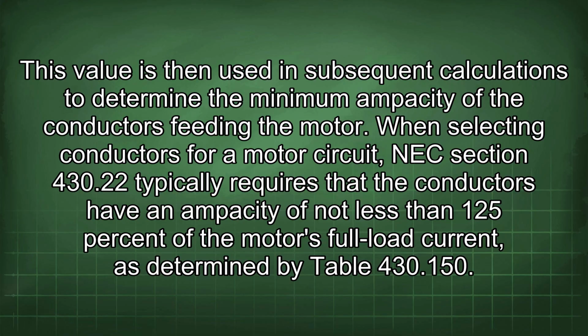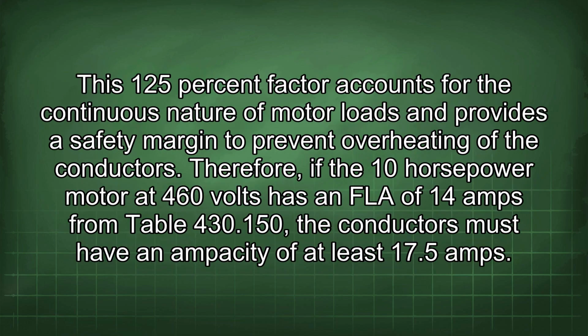When selecting conductors for a motor circuit, NEC section 430.22 typically requires that the conductors have an ampacity of not less than 125% of the motor's full load current, as determined by Table 430.150. This 125% factor accounts for the continuous nature of motor loads and provides a safety margin to prevent overheating of the conductors.